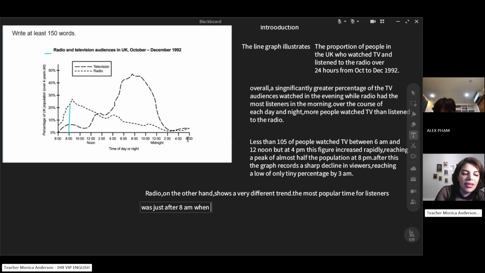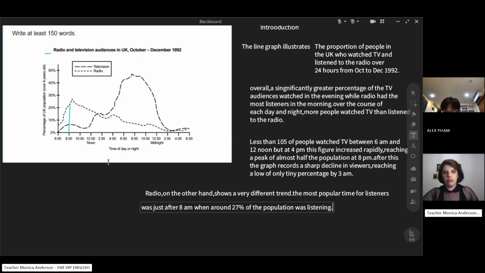When, let me see, it's about 28 or 27%. Do you agree? It's not 30%. I want to add a figure here. So when I say around, because I'm not sure, I say around 27% of the population was listening.